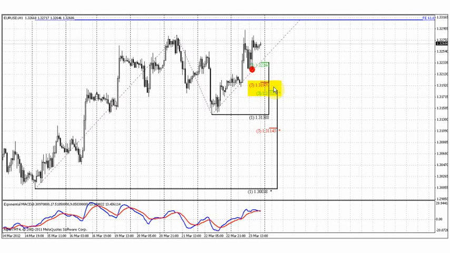So the current analysis looks maybe a bit complicated, but in general there are two things to keep in mind. First of all, the medium-term expectation currently, at least based on the recent price action, is bullish.